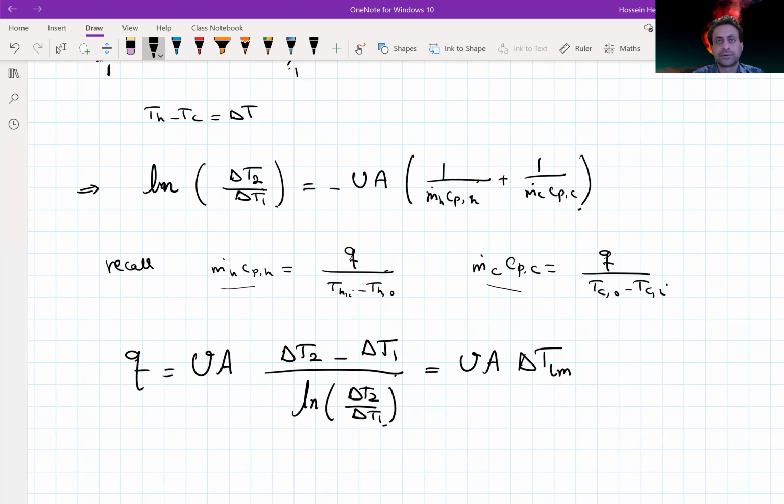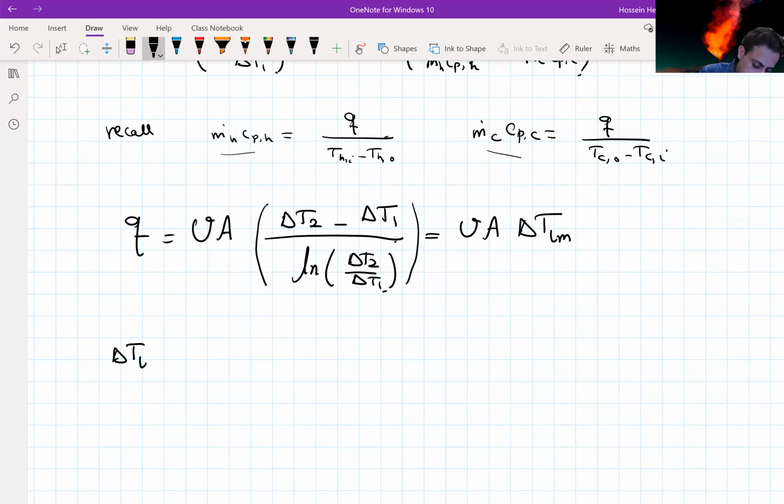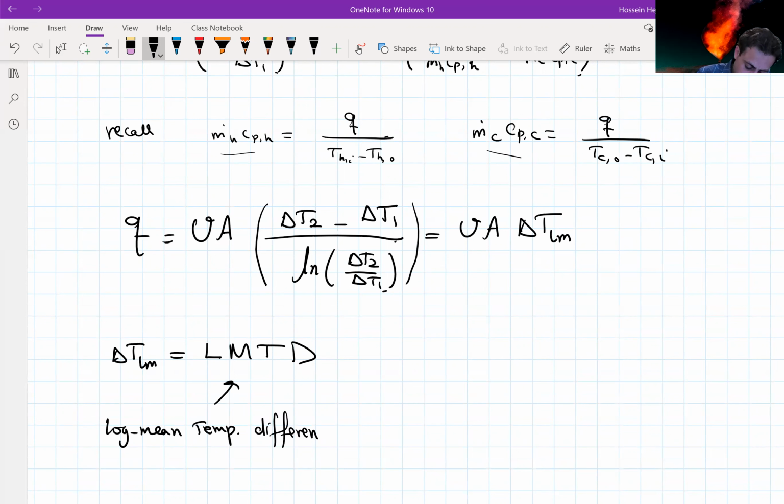And this is for the parallel flow. So this provides a sort of average temperature. We call this delta T lm the log mean temperature difference. So the log mean temperature difference is delta T2 minus delta T1 divided by the natural log of delta T2 divided by delta T1.